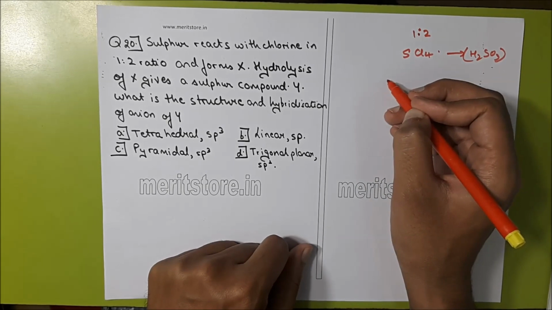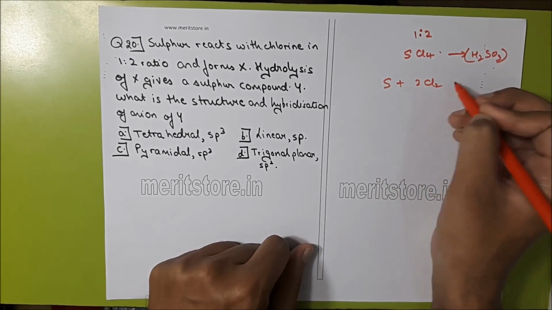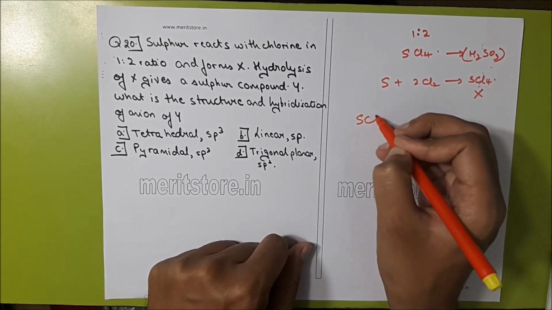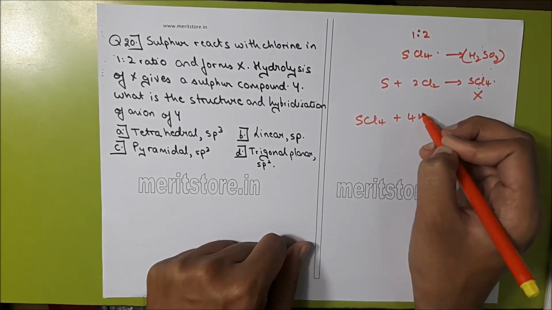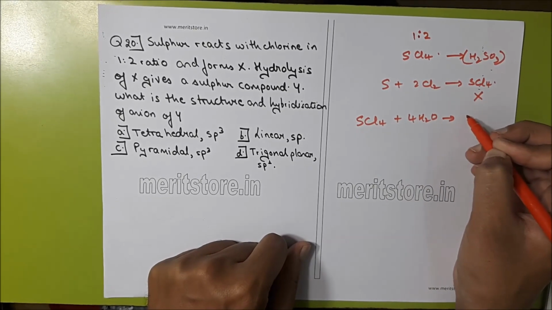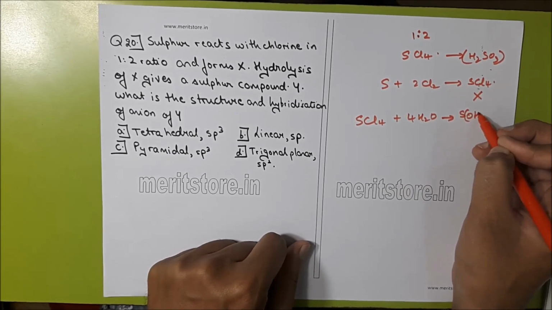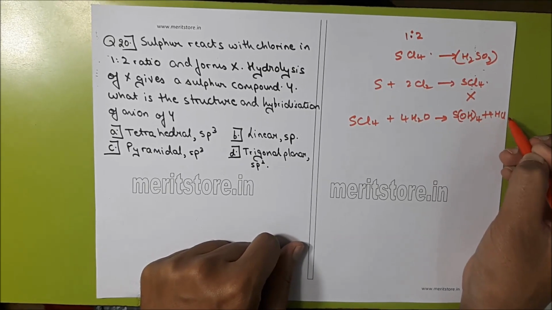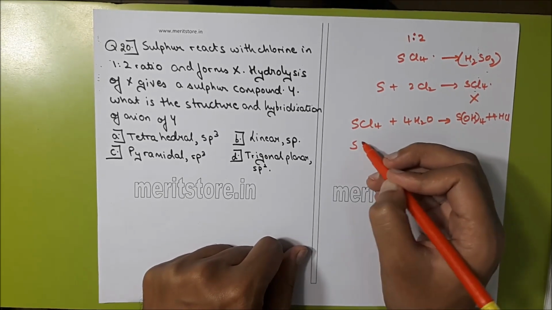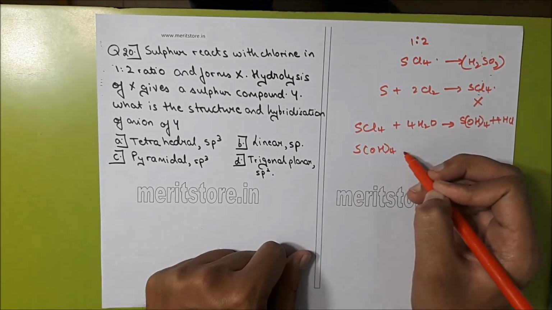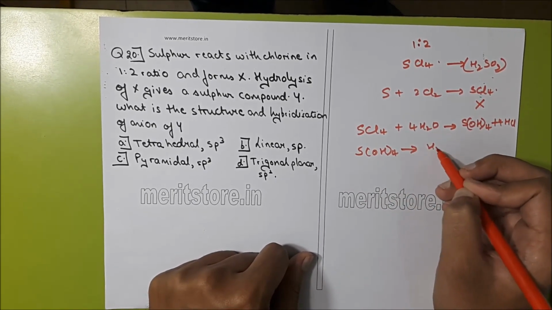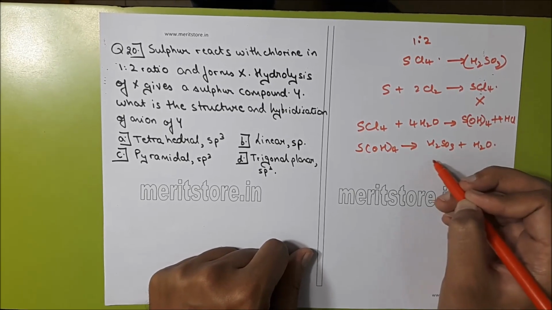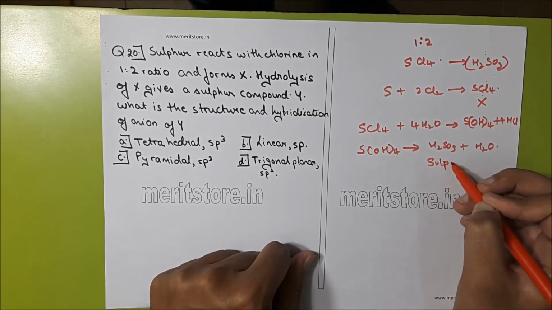So the reaction is S plus 2Cl2 gives SCl4, which is our X, and then SCl4 on hydrolysis with 4 water molecules gives S(OH)4 plus 4 HCl. Then rearrangement of S(OH)4 gives H2SO3 plus H2O. This is our sulfurous acid.